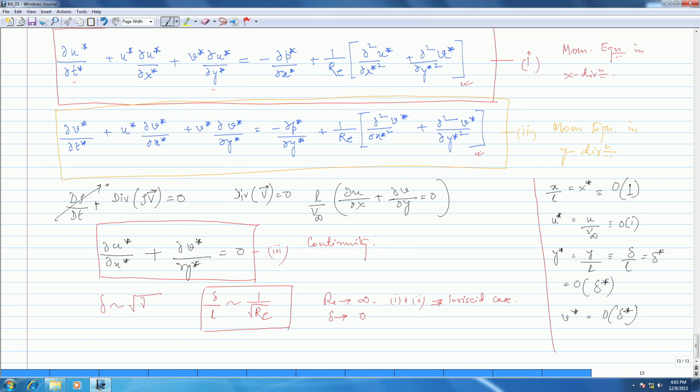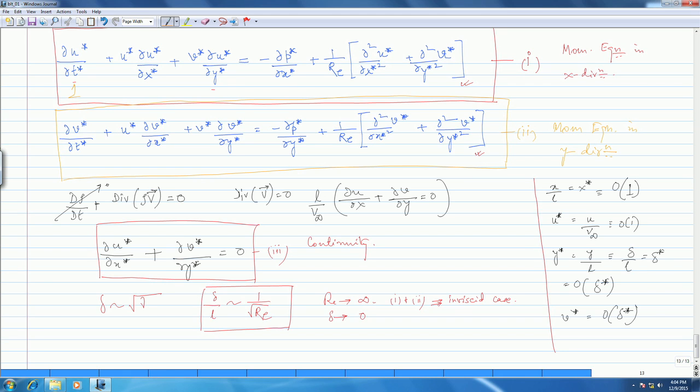Now let us write the order of magnitude of each term in the momentum equations. u star is of order 1, t star is of order 1, so the order of this term is 1.